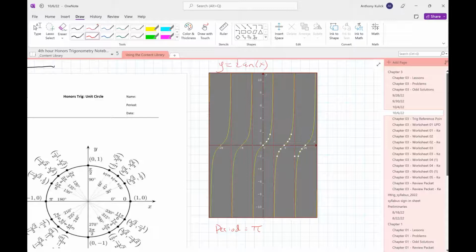Where's the midline at? Yep, y equals 0. Still the midline, right? I'll have an equal amount of the graph above and below it. The period's pi, so the frequency must be 1 over pi, right?